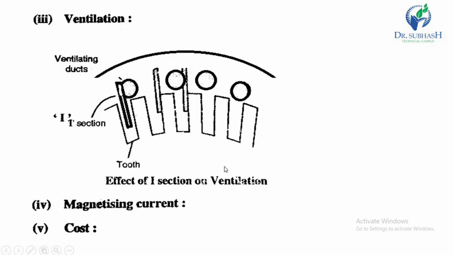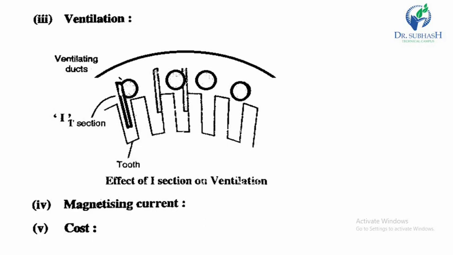Now next one is ventilation. Here in the figure, here are some ventilating ducts, some I section ventilation are there. Now a large number of slots means a large number of teeth with small thickness, and due to this the teeth may become mechanically weak.